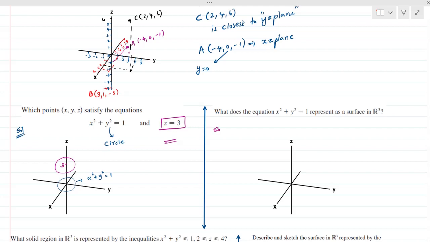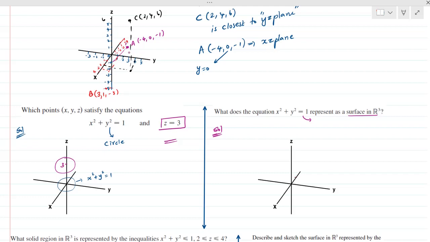Next one, here we will have the same circle. It is given in the surface R3. There is no z given, only the x and y values are given. Therefore, x square plus y square equals 1 is a circle, but in 3 dimensions it looks like a cylinder.